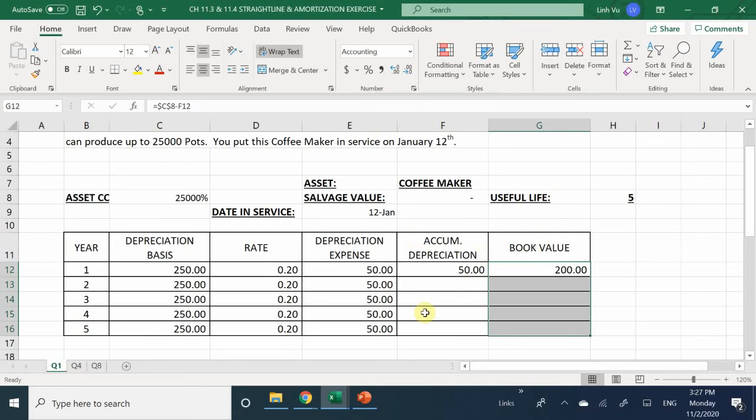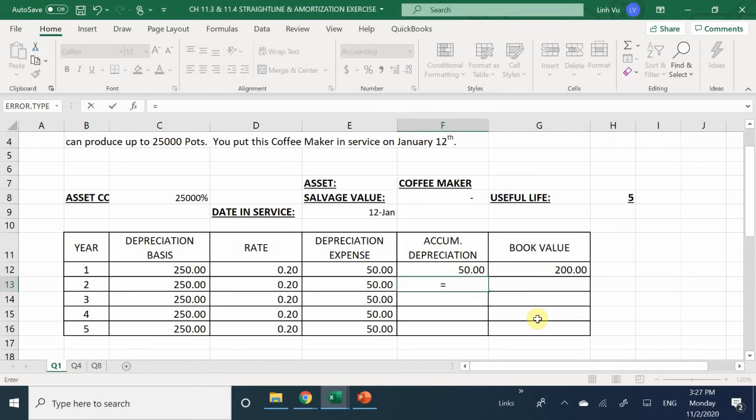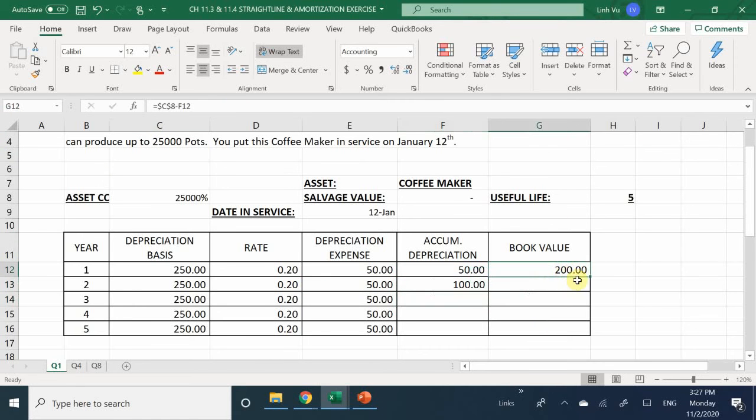So then what's my accumulated depreciation for the second year? It's the 50 plus the 50, so 100.